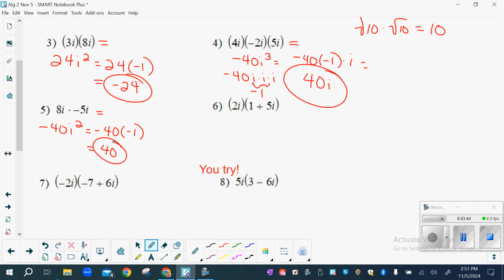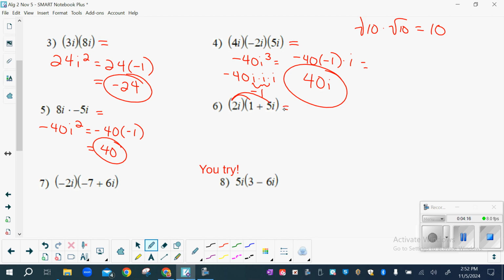Okay, so now on number 6. We didn't see ones like this yesterday. So what are we going to do when we have one like that? Yeah, we have to distribute. So we've got to distribute that 2i to both of those terms in there. 2i times 1.